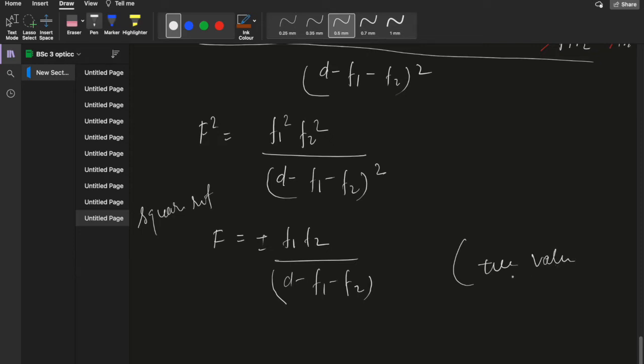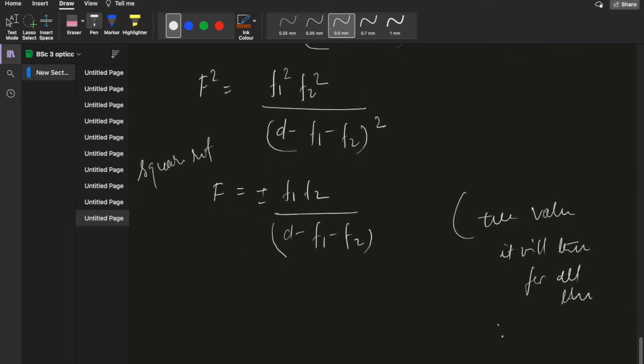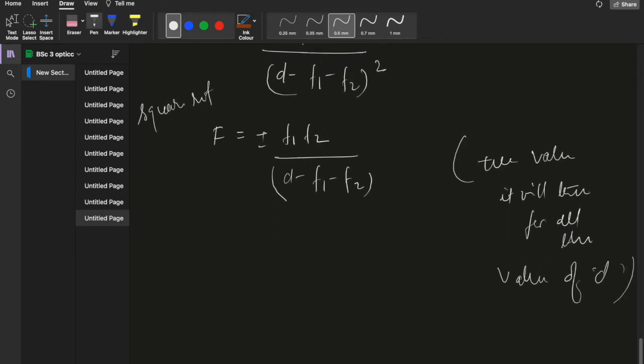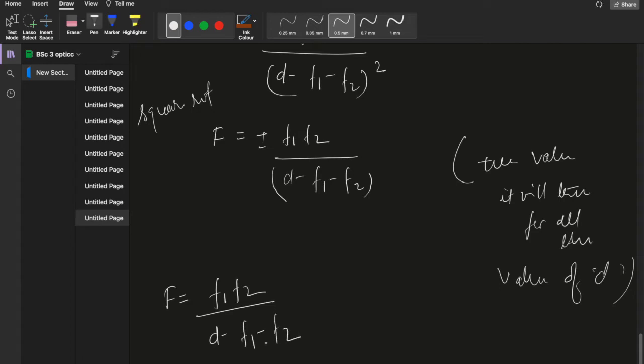Why? Because it is true for all the values of D. So the equivalent focal length must be F1 F2 upon D minus F1 minus F2.